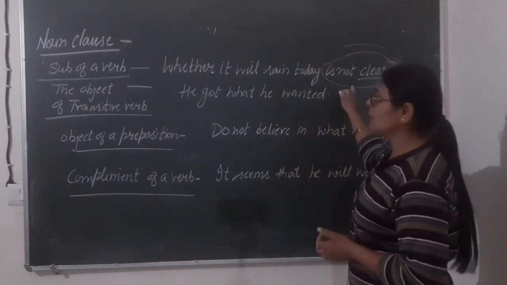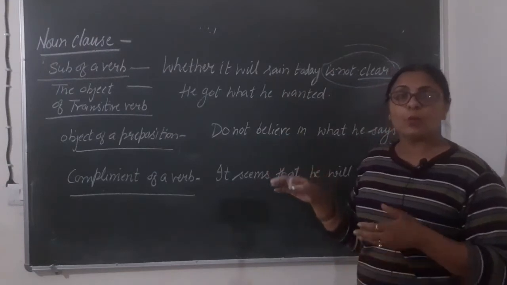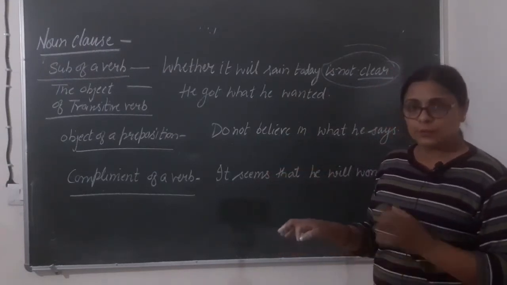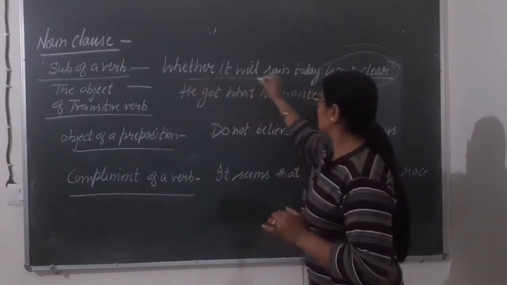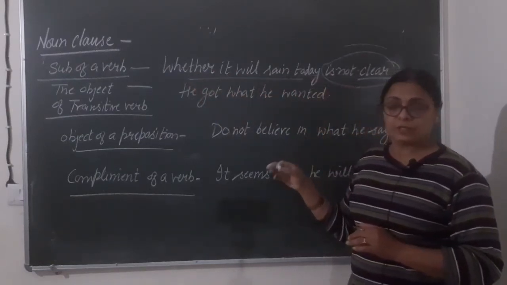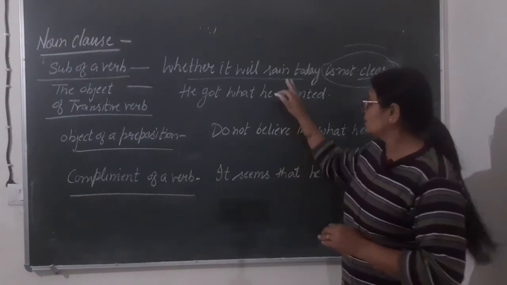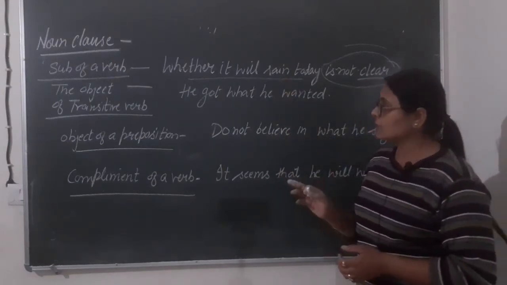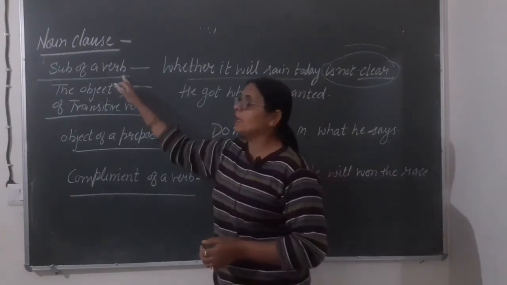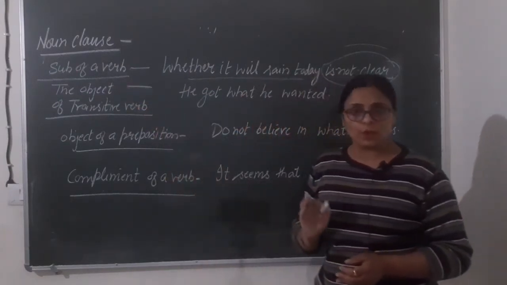That's why it is our subject of a verb. The question is, what is not clear? The answer is given here: whether it will rain today. This is our answer. That's why it is our noun clause. That's why it is said it is working here as the subject of a verb.